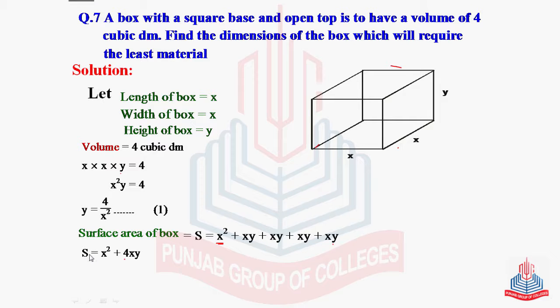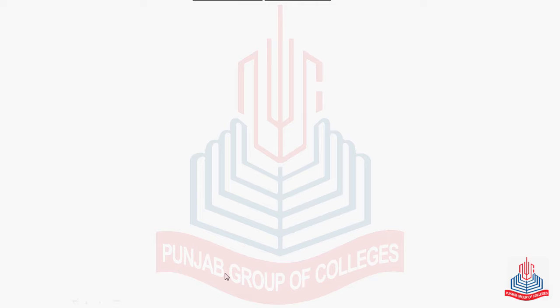Now we will take the help of our derivative theory. This S will become x square plus 4x, putting the value of y, which is 4 over x square from 1. So S is equal to x square plus 16 over x.